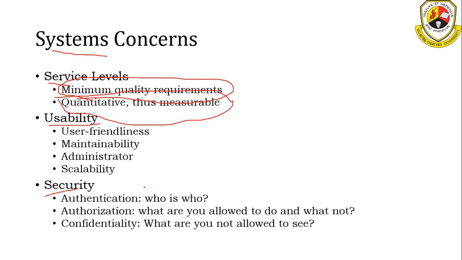Usability: how user-friendly is this system? Again, go back to Unitrack and look at that particular case. Look at the challenges that organization went through because of minimal training. Maintainability and administration: the staff and all the resources that you have to maintain a system.